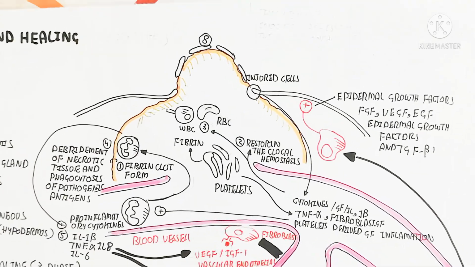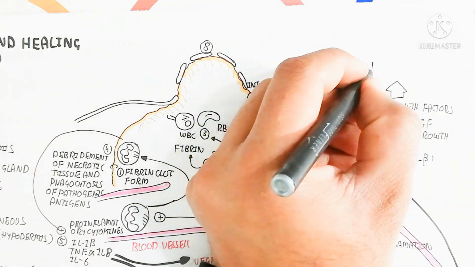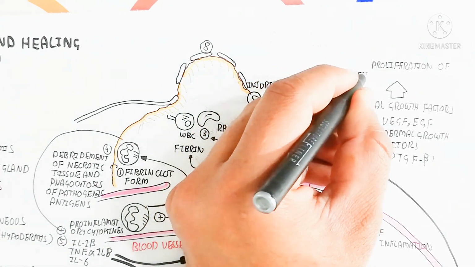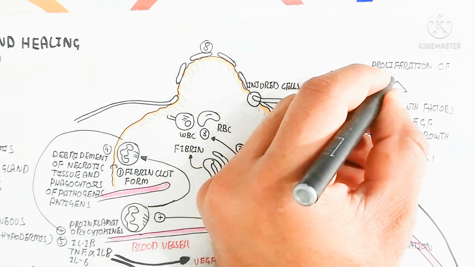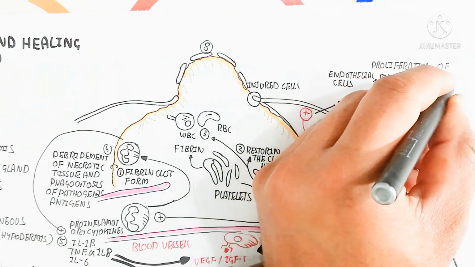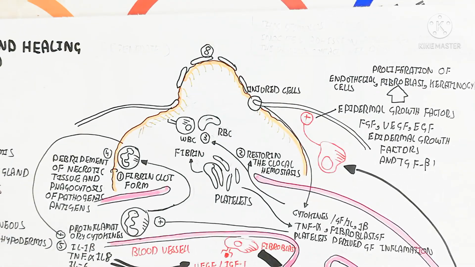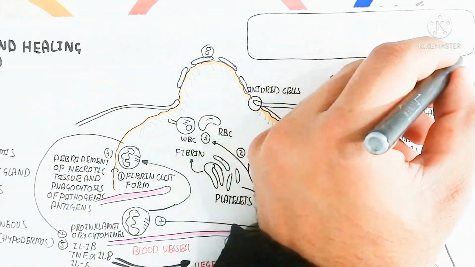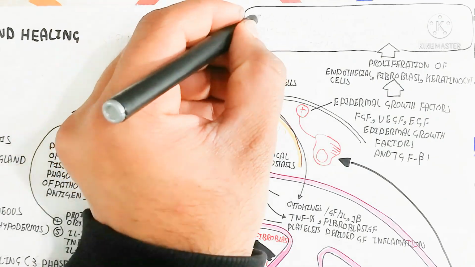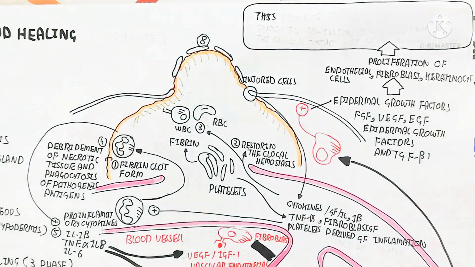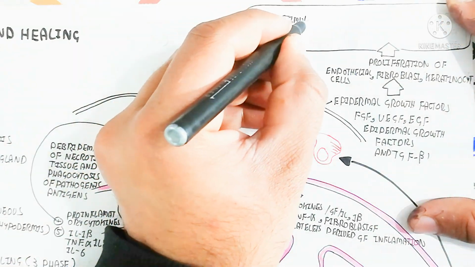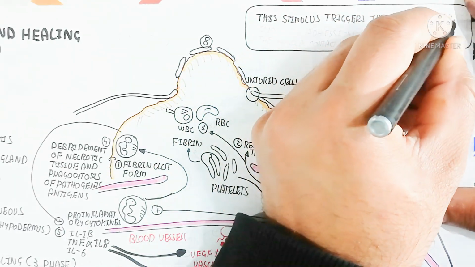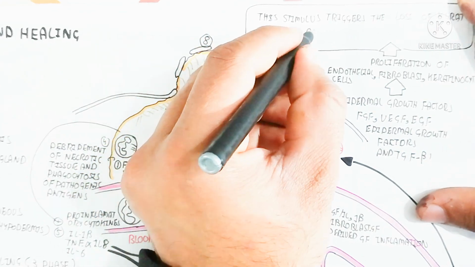So the fibroblast is important for the deposition of loose connective tissue as well as other fibrin production, and healthy skin contains a larger amount of fibroblasts. Here epidermal growth factor and tumor growth factor will be produced, which are used for the proliferation of endothelial cells, fibroblast cells and keratinocytes.